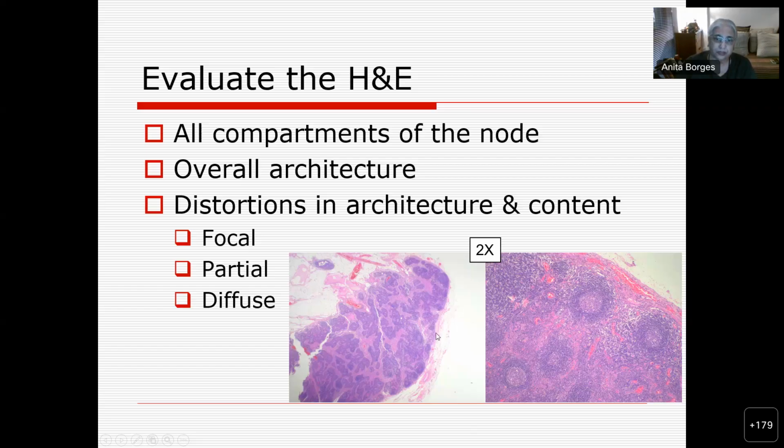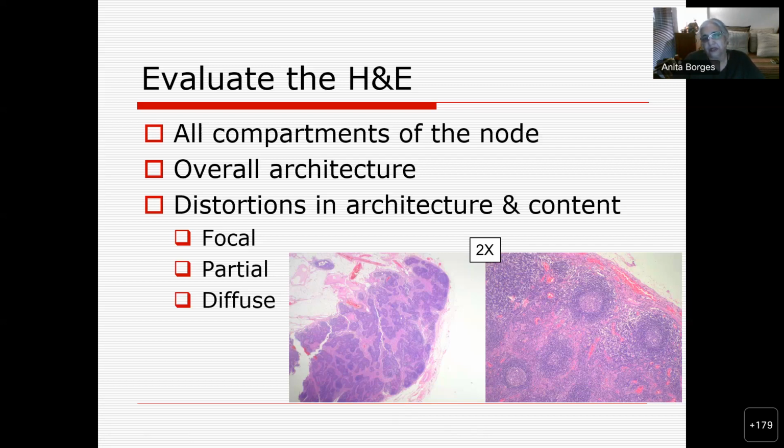On the left-hand side, this enlarged view is probably taken from this area. But what you notice over here is there is a whole lot of these sinuses, and it looks like there is a whole lot of medulla. Now, obviously, this means that the way that this lymph node has been sectioned is slightly oblique.